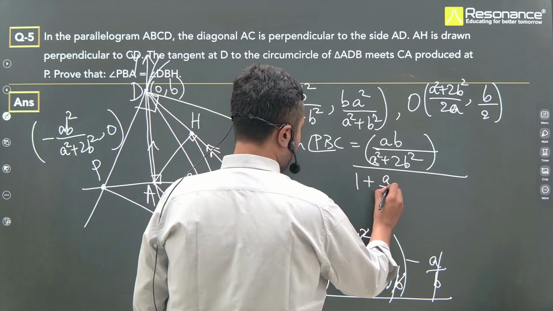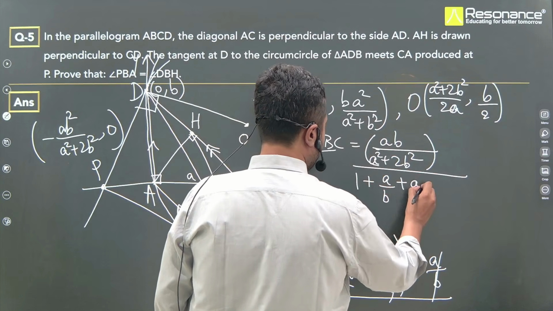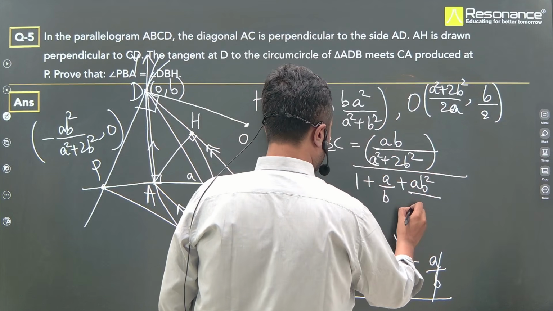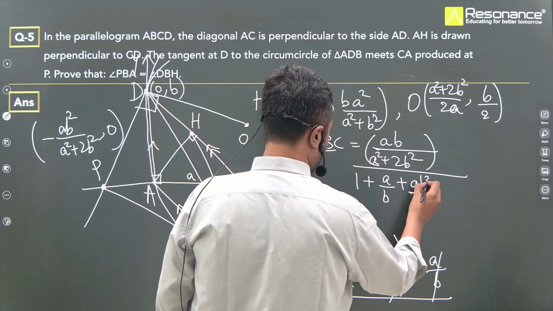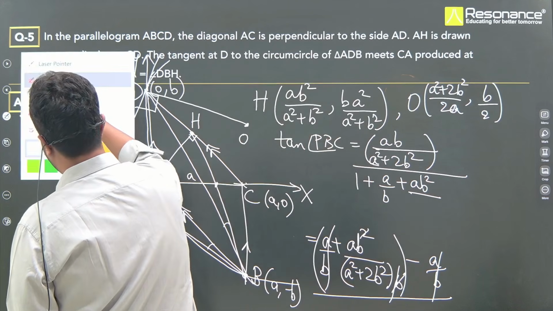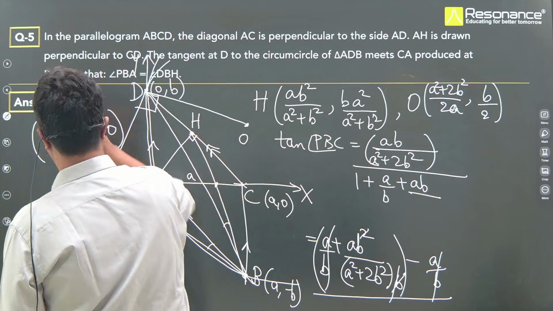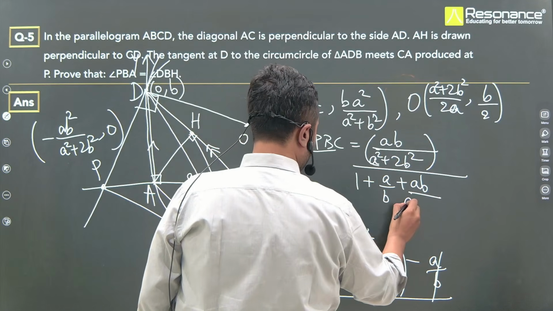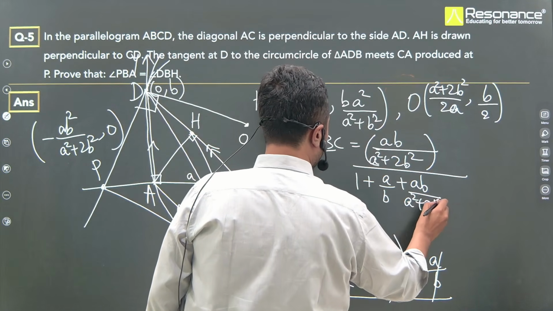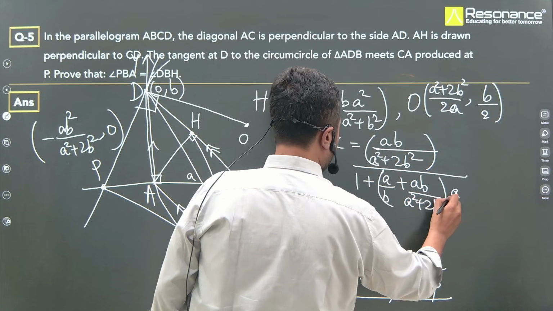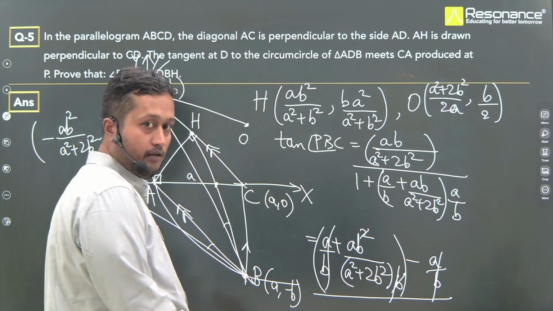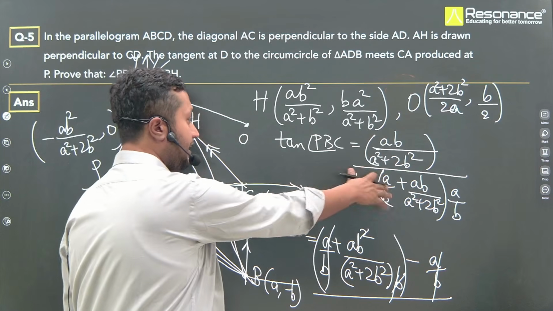So it is A by B plus AB square by, yeah, so again AB by A square plus 2B square, then the whole thing multiplied by A by B. 1 plus tan A tan B, right?